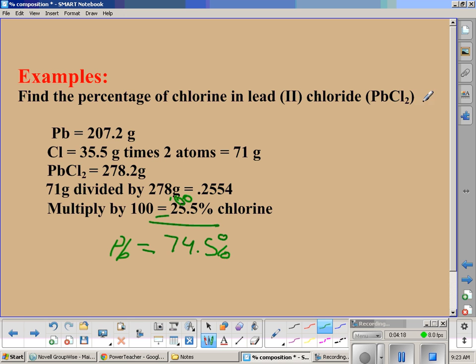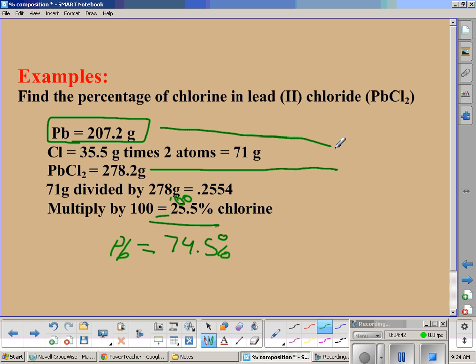That's one way to do it. If you only have 2 elements in a compound, you can do it that way. It's pretty easy. Or you could go through this same process again. You could take the 207.2, which is what the lead weighs, and divide that by how much the entire compound weighs, and that would give you another decimal. It should come out to 0.745 approximately.